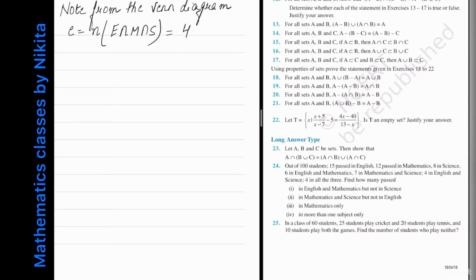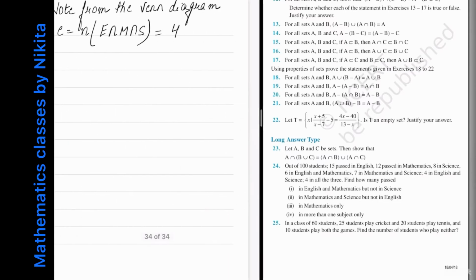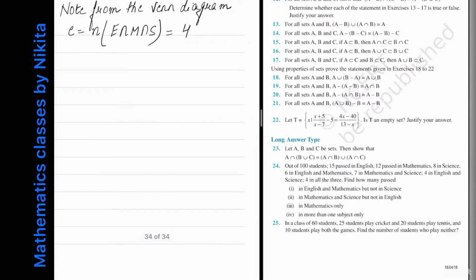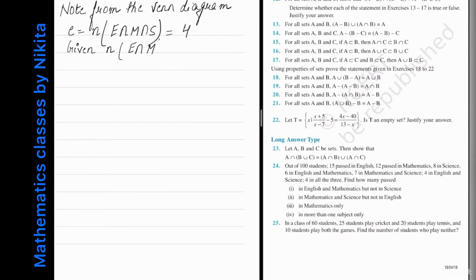Okay, and now next information which is given to you is that n of E intersection M is equal to 6.